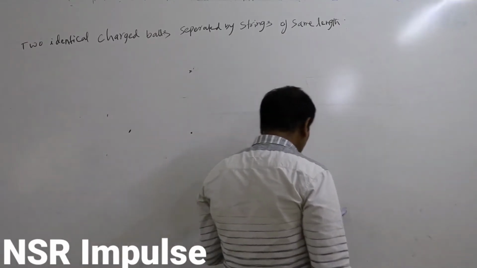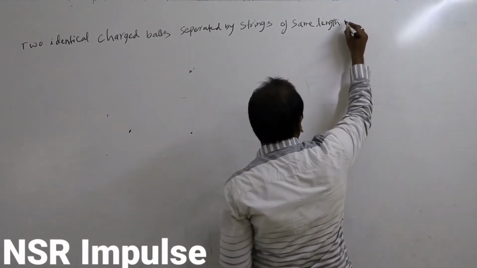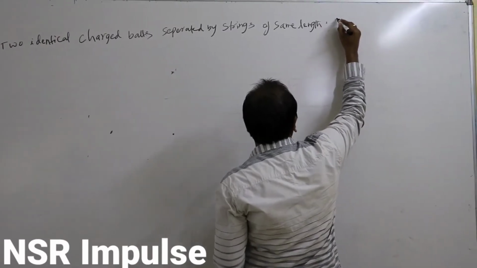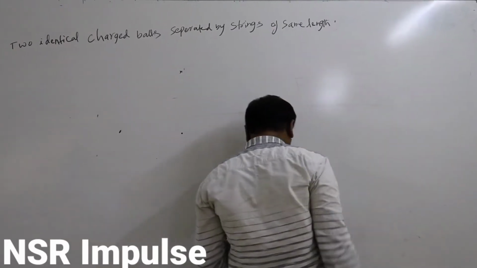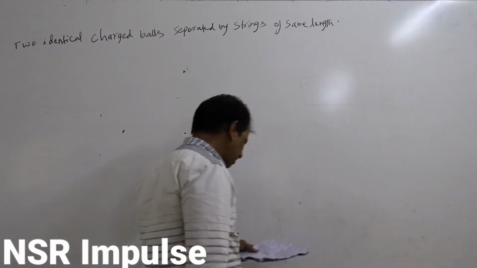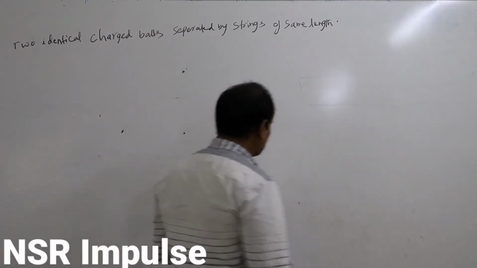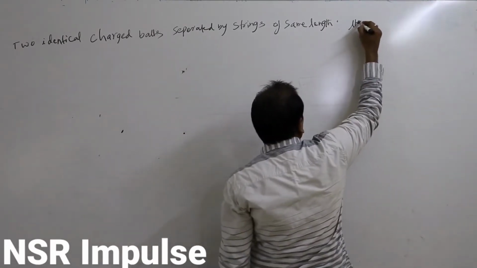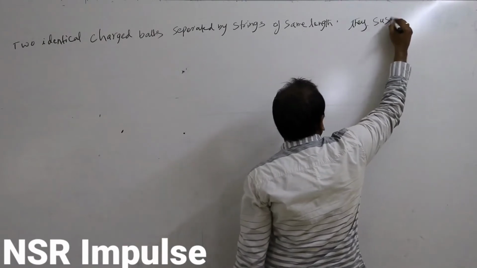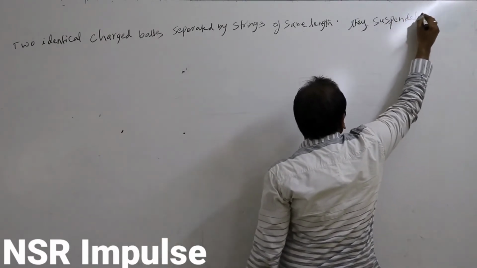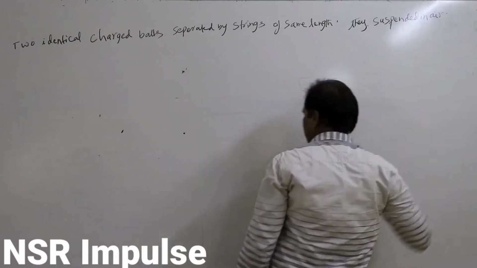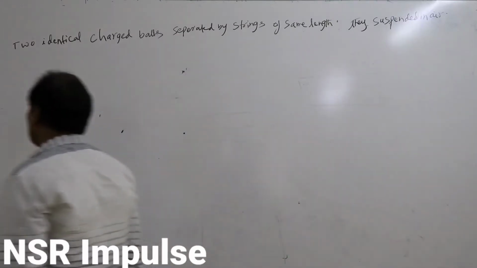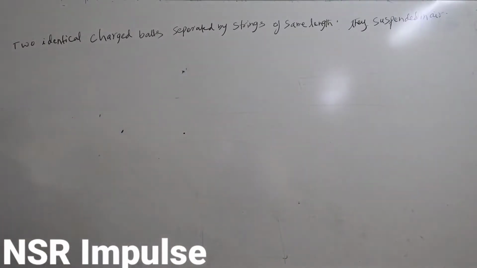They made 30 degrees with each other, same length. Now the question is, they made 30 degrees. Instead of 30 degrees, let us take an angle. They are suspended in air medium. Then both are suspended in air.